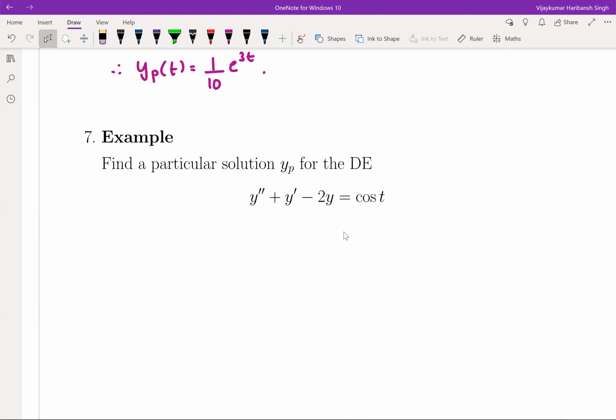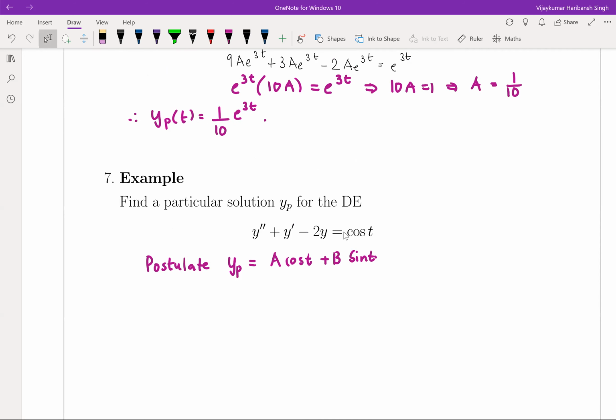So again, the derivative of cosine is sine, and the derivative of sine is cosine. So we postulate yp equals a cos t plus b sine t, and see what we get.